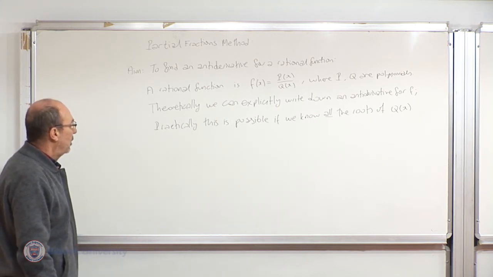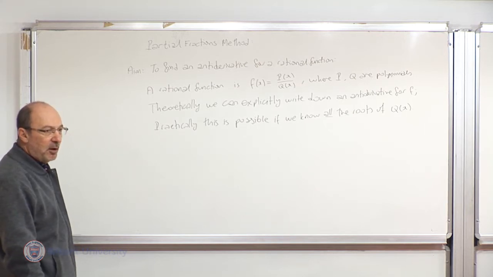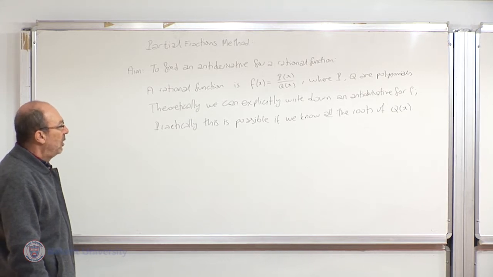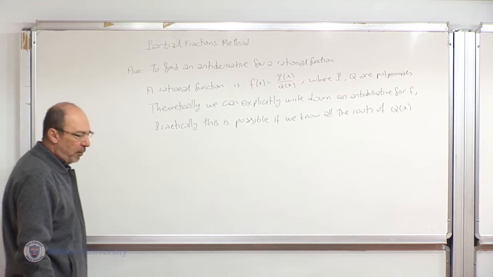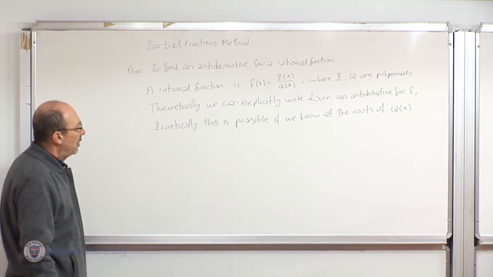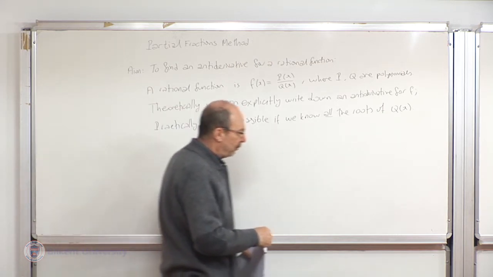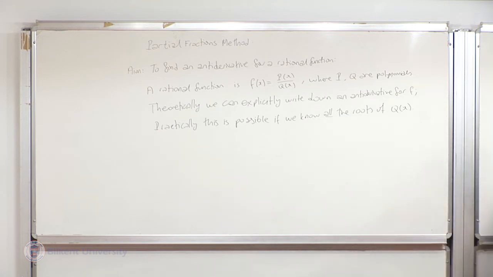Today we'll start with rational functions where we know the decomposition of the denominator, and then we'll show how we can write down an explicit antiderivative for f. This is a very methodical algorithm.